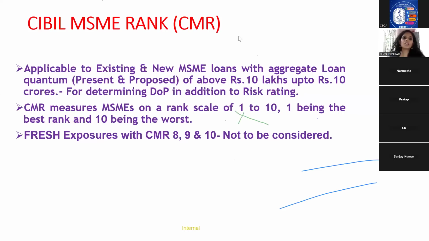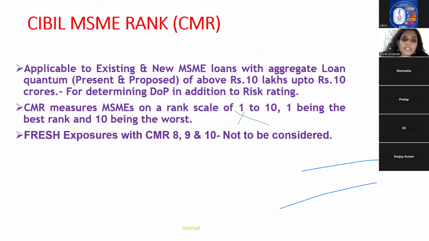Okay, so coming to the CMR applicable to existing and new MSME loans with aggregate loan quantum above 10 lakhs up to 10 crore. We call it CMR for any existing and new MSME loans with loan amount above 10 lakhs up to 10 crore for determining DOP in addition to the risk rating.